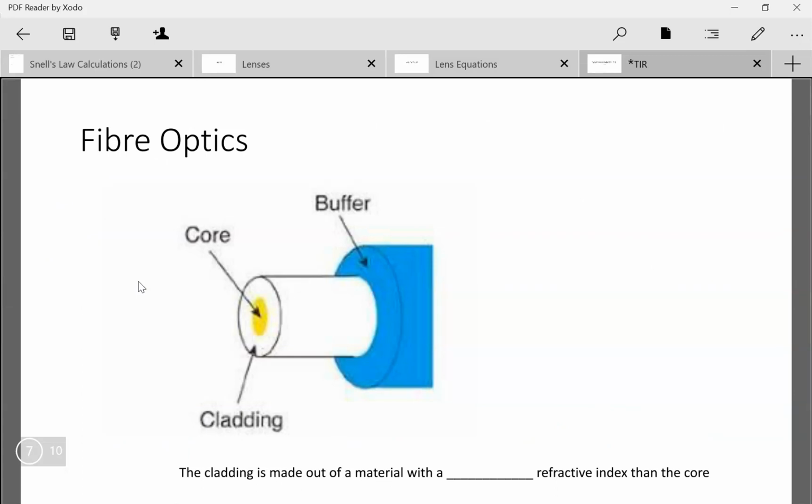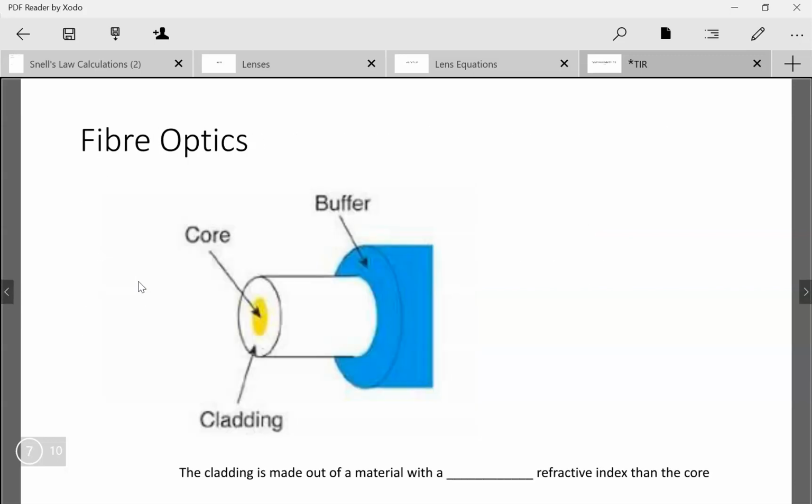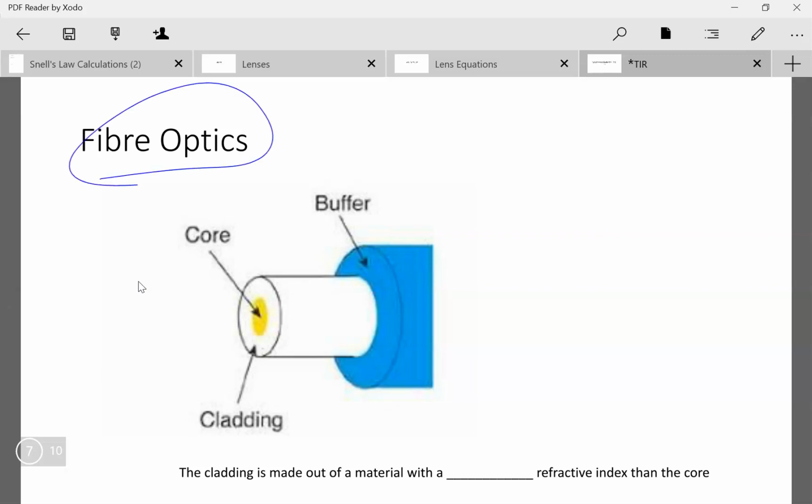So here, this is an important application of total internal reflection. And it has to do with a fiber optic cable. So here the fiber optic cable is basically a long cable made of glass or special kinds of plastic that transport or carry light at very high speeds from place to place.